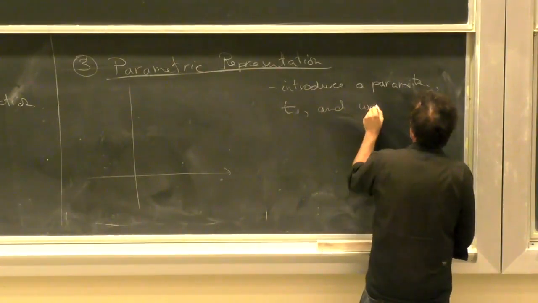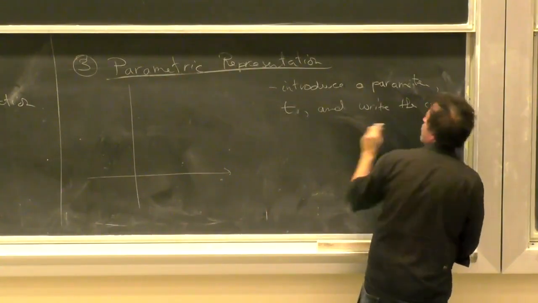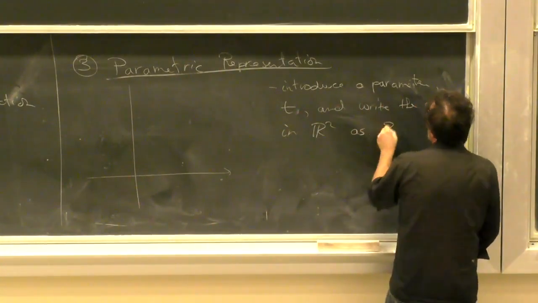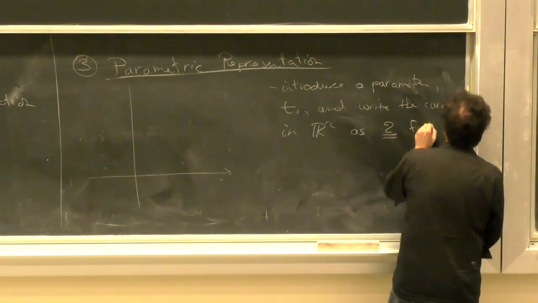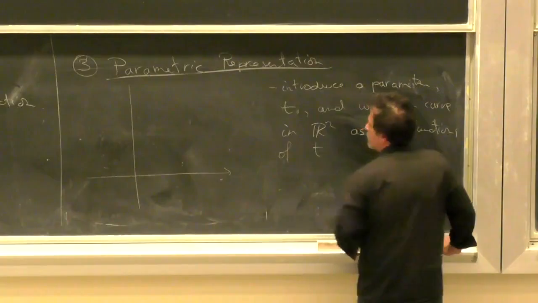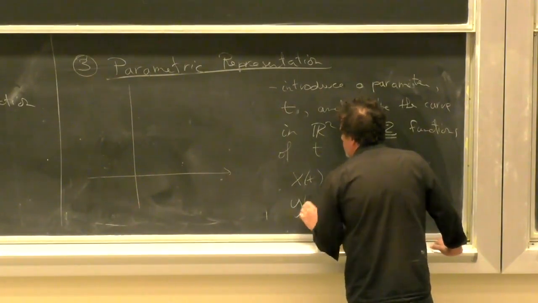The parametric representation asks you to introduce a parameter t and write the curve, and I'm going to focus on R2, so in 2 dimensions, as 2 functions of t: x of t, y of t.